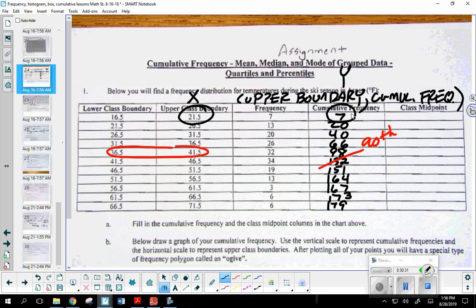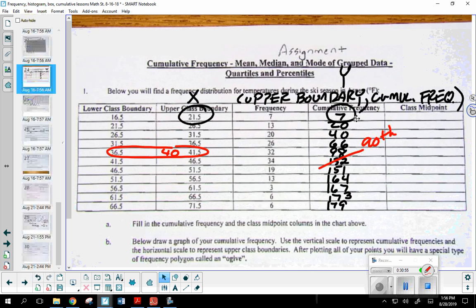And remember, what did I get on my graph? I got 40. So that tells me that my graph is fairly accurate. It's probably not 100%, but it's reasonable. Is everybody all right with that? Good.